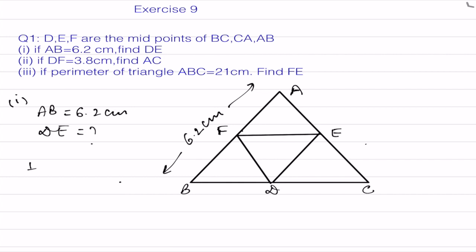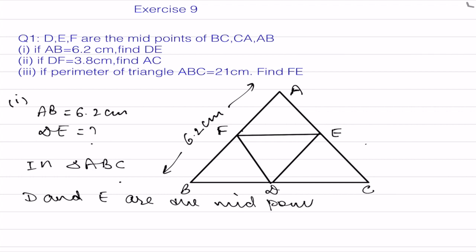Now, in triangle ABC, we can see that D and E are the midpoints of the sides BC and AC. Therefore, we can use midpoint theorem, that is DE is parallel to AB as well as DE is half of AB.